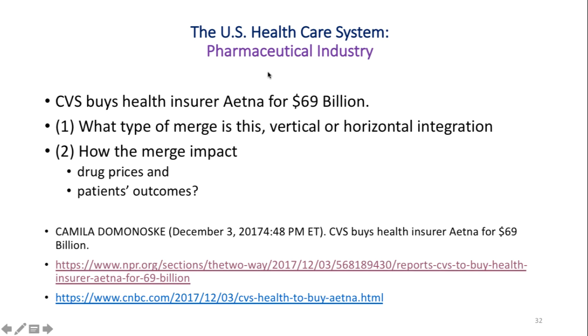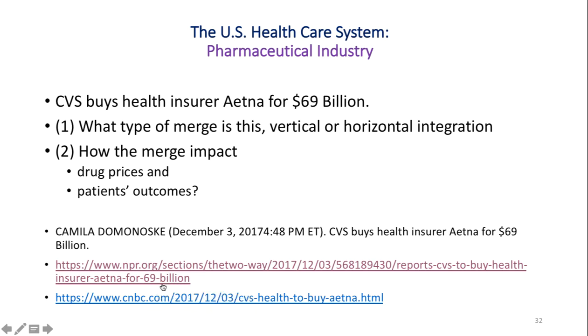Now, recently you heard that CVS buys health insurer Aetna for $69 billion. The question would be, what type of merger is this? Is it vertical or horizontal integration? Is it bad or good for patients? How does the merger impact drug prices and patient outcomes? You need to go to these websites and see the answer in more detail.